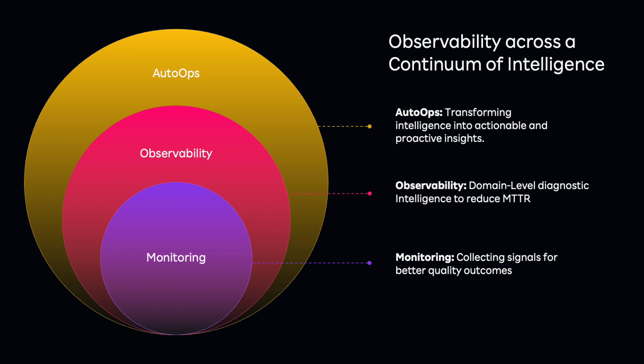We are looking at better quality outcomes that come in through your agents that are collecting information. Whereas observability is a domain level that gives you diagnostic intelligence to reduce mean time to resolve, right? So it gives you an intelligence layer, basically. Whereas AIOps or AutoOps over here is for you to look at how to be proactive in nature.